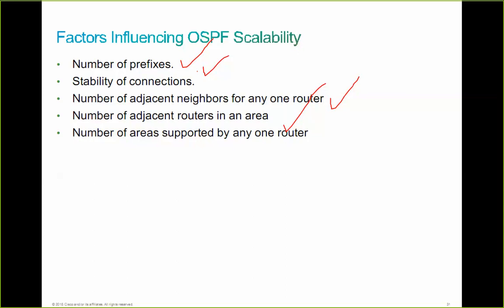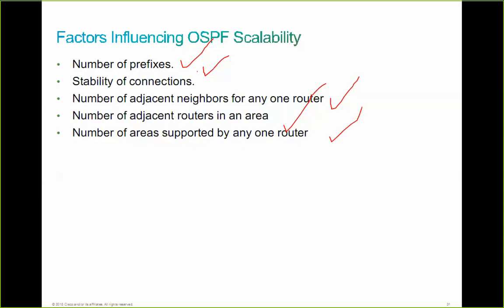Then lastly, we see listed here the number of areas supported by any one router. Any router that has to run the link state algorithm is going to have to run that link state algorithm for every link state change that occurs for every area that the router is a member of.